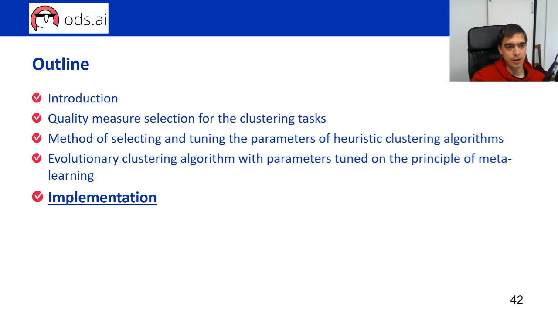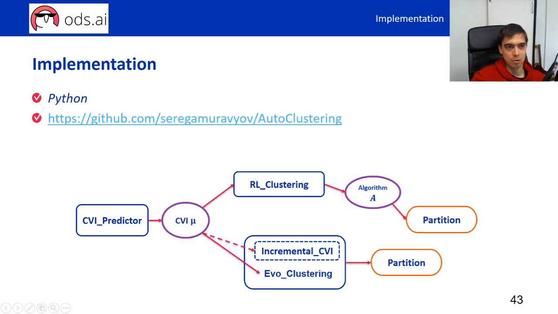Okay, so finally we move to the implementation. The whole software package was implemented in Python. The link is on the slide. So let's describe it a little bit. CVI predictor makes a recommendation for each dataset on which clustering measure we should choose. After that, it is fed either to the reinforcement learning unit or to the evolutionary clustering unit.